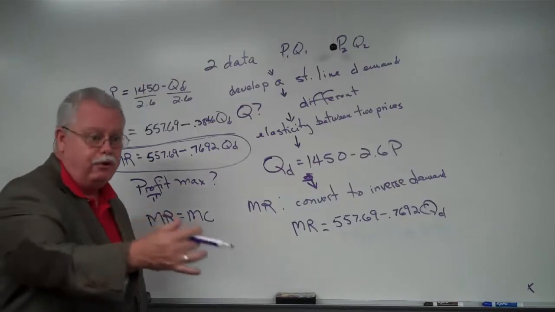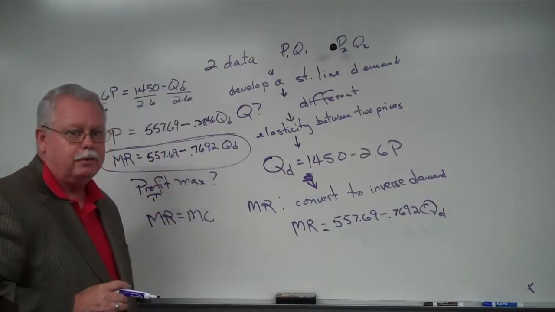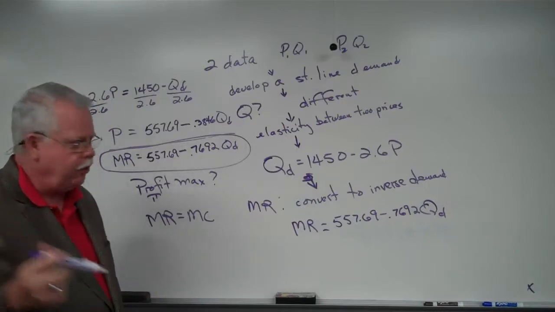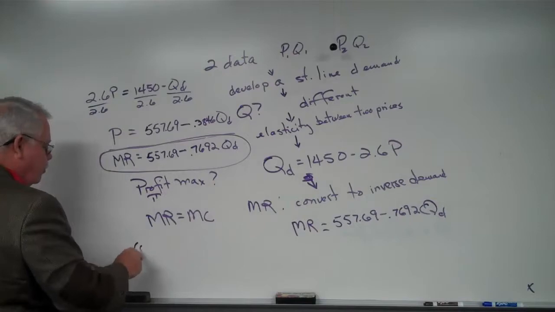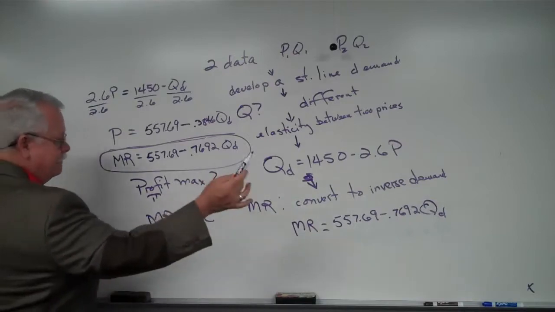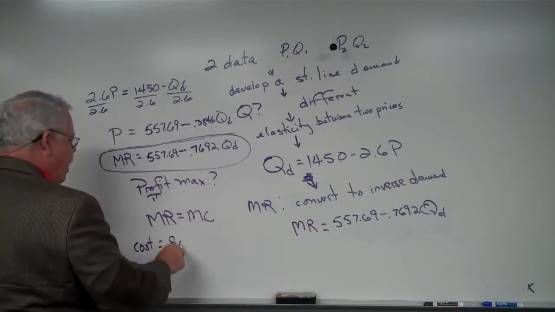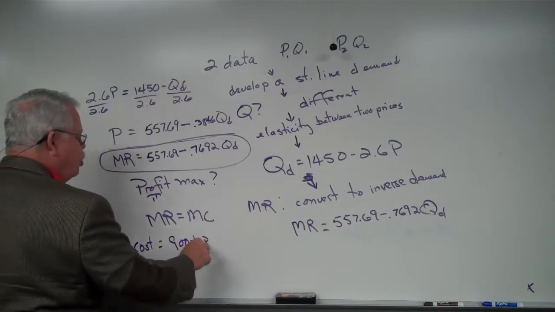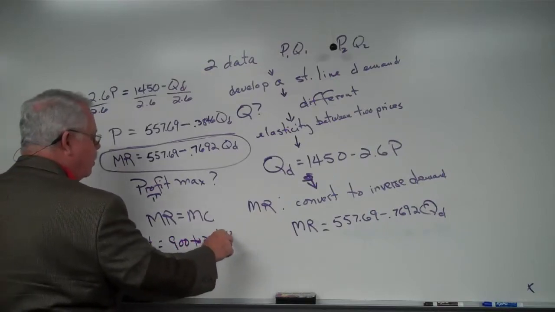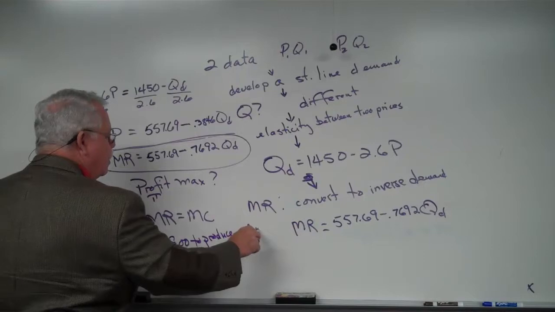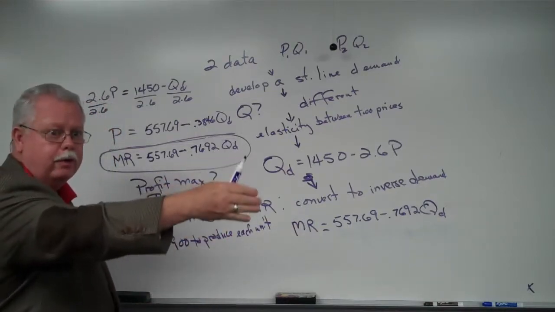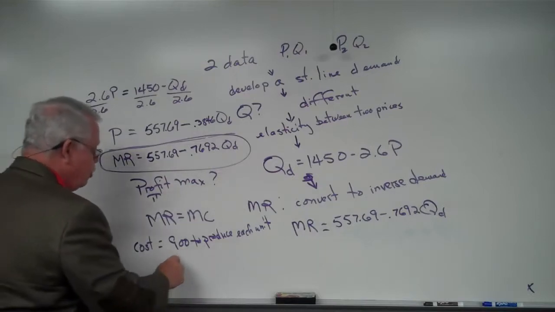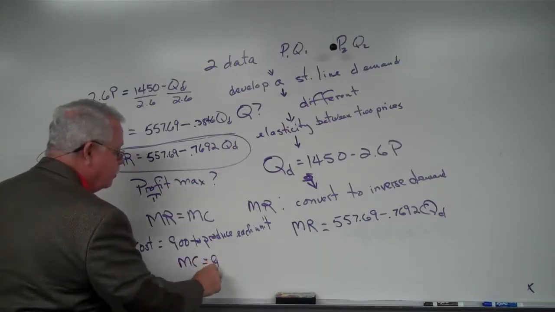The easy one to do is a constant cost. I know that's in at least one of the questions I gave you. If you're told, for example, it costs, I don't know, $900 to produce each unit. Well, that's your marginal cost, the cost of one additional unit. So we got marginal cost equal 900.